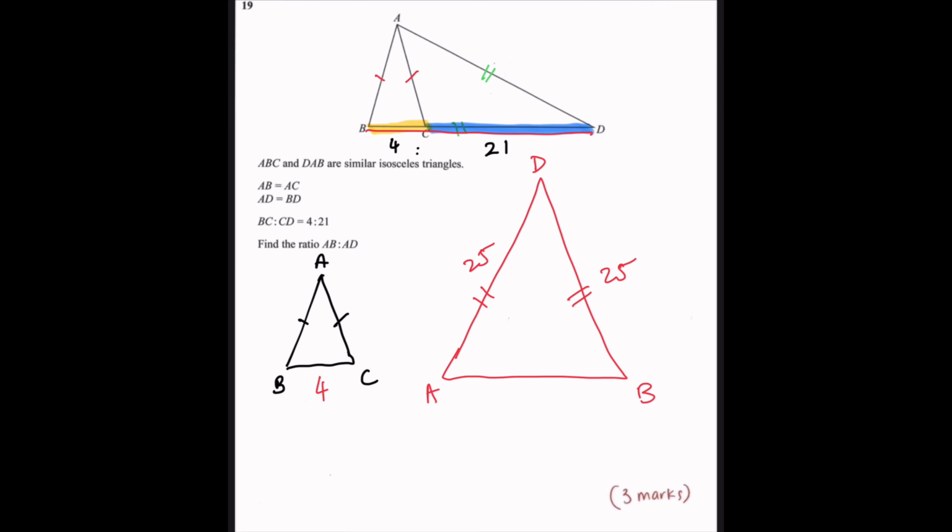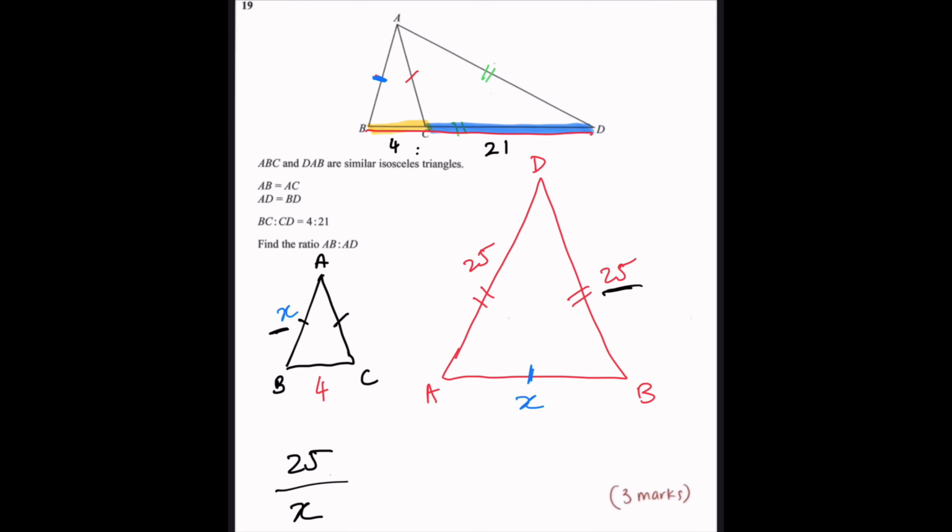This length here, I'm going to call X. And that represents the length of the base. Okay, we agree? We can see this is from A to B. This is the same length, X, from A to B. So, what can we see here? Well, the length of one side here is 25, and the length of one side here is X, and these are supposedly similar triangles.